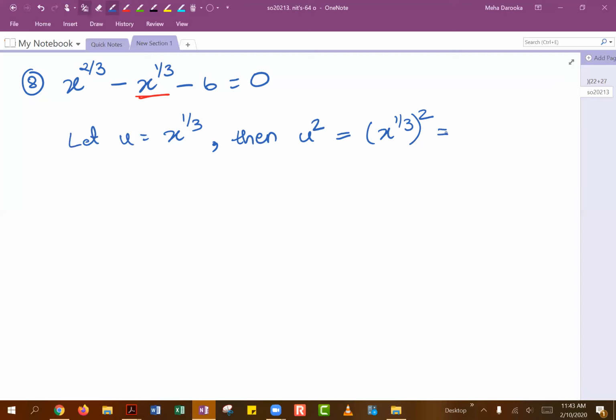When you have one base with 2 exponents, which is what we have here, with x to the 1/3 and then to the second power, you end up multiplying the exponents. So if you are multiplying 1/3 with 2, what will you get? 2/3, exactly. And that's why that leading term is going to end up becoming u squared.